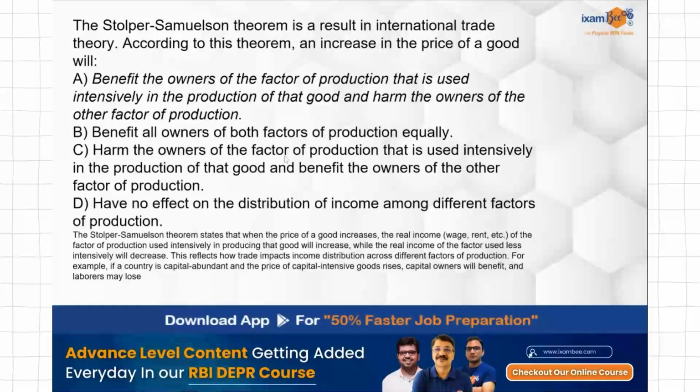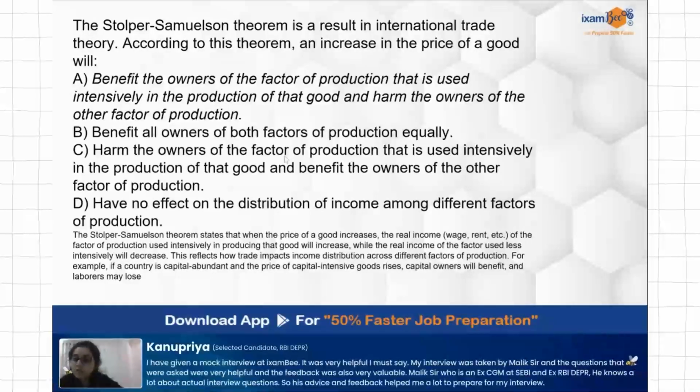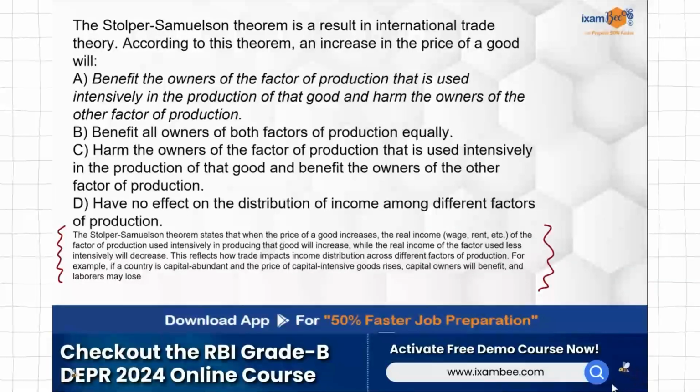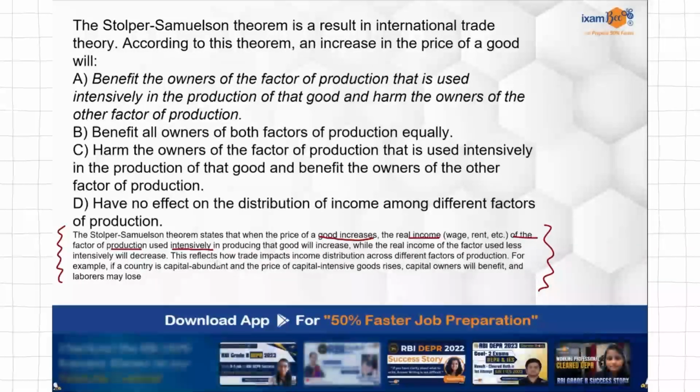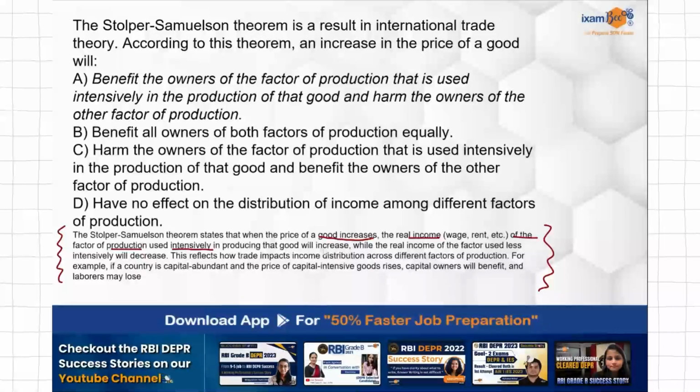The Stolper-Samuelson theorem is a result in international trade theory. According to this theorem, an increase in the price of a good will do what? First, let me tell you the theorem, and then we can see the options. The theorem states that when the price of a good increases, the real income of the factor of production used intensively in producing that good will increase.